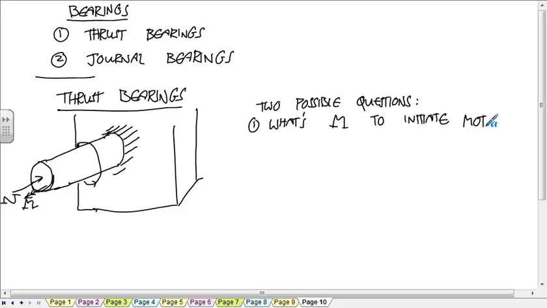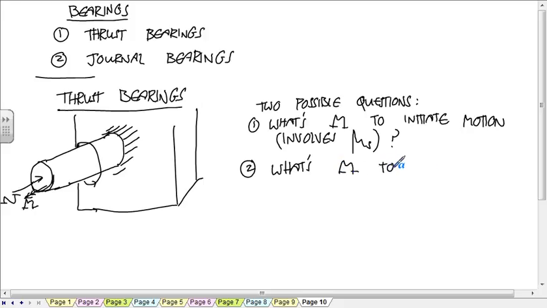That would involve the static coefficient. And the second one is, what's the couple to maintain a constant angular velocity? And that involves the kinetic coefficient of friction.